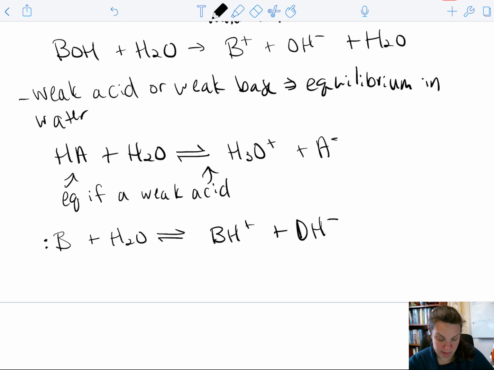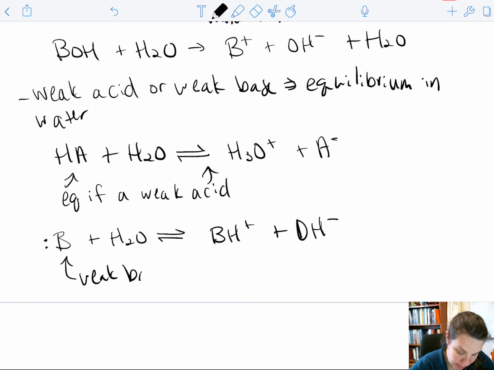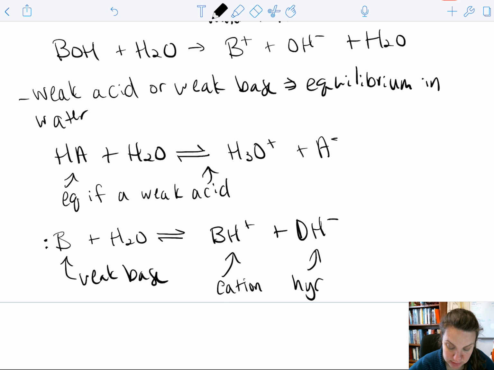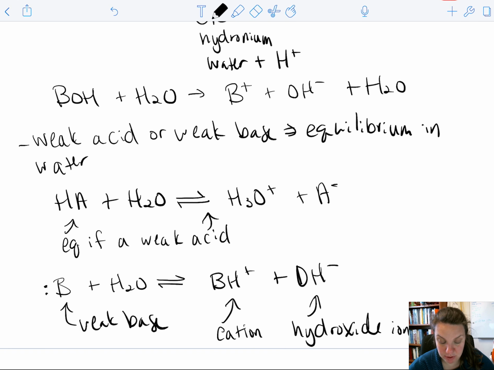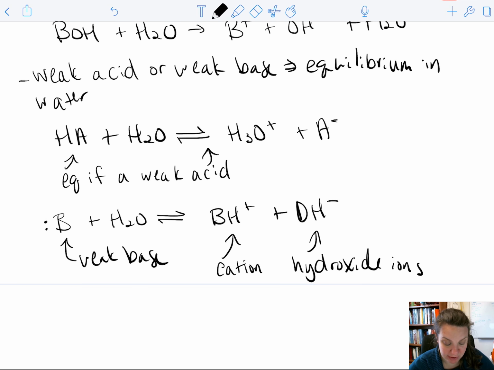And it's still an equilibrium process, so this is a weak base. And we'll produce a cation and hydroxide ions. In both the case of the acid and the base, we'll have very similar products, whether it's weak or strong. There's just slight differences, especially with the equilibrium.